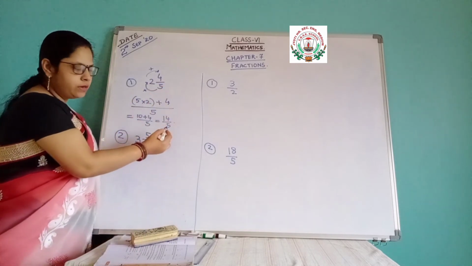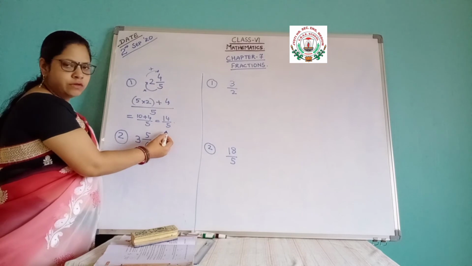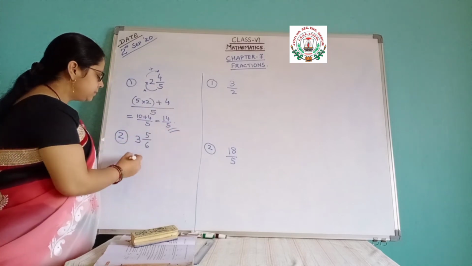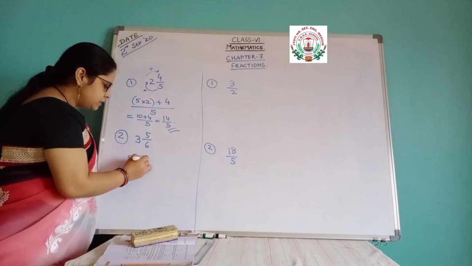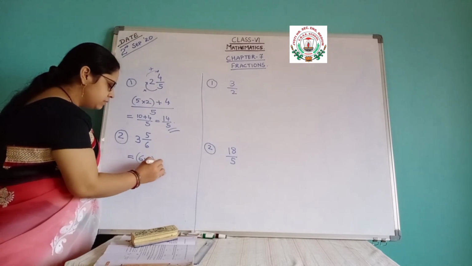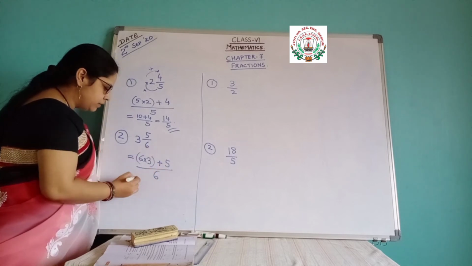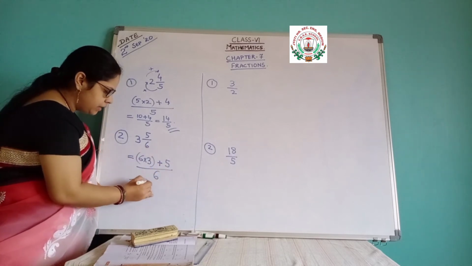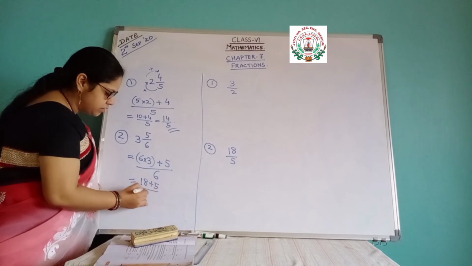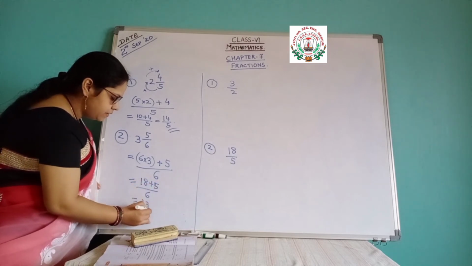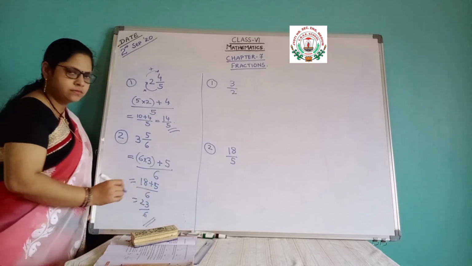So in the beginning only I told it will only give you improper fraction. So this is the answer. Here 6 into 3, add 5 and denominator will be same only. 6 3s are 18 plus 5, how much? 23 by 6 is the answer.